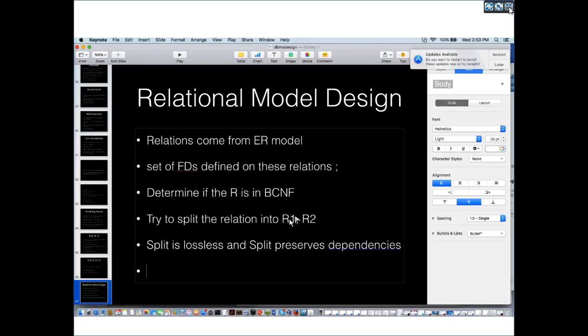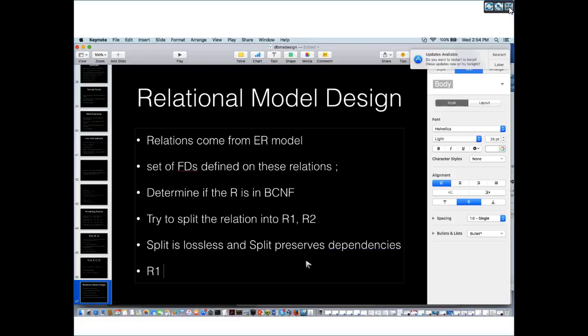All the original FDs defined on R have to be preserved on R1 plus R2. Then only the split makes sense. Otherwise, you have to join both R1 and R2 to ensure that the dependencies are preserved, and it becomes a costly effect for you to preserve these dependencies.